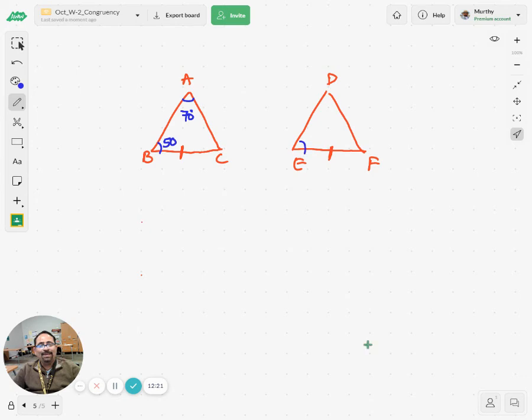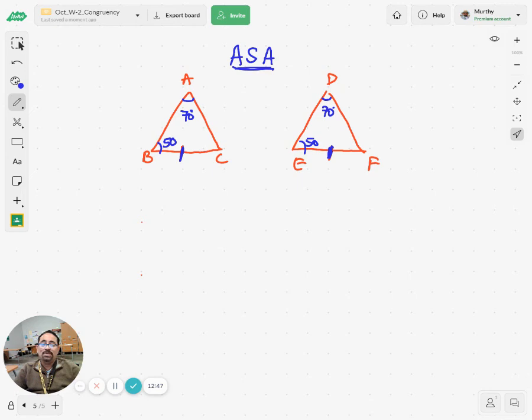And here angle E is 50 degrees and angle D is 70 degrees. Are they congruent? Friends, please notice that the side is not in between the given two angles. So I see that two angles and one side are equal. Can I consider the ASA postulate or not?